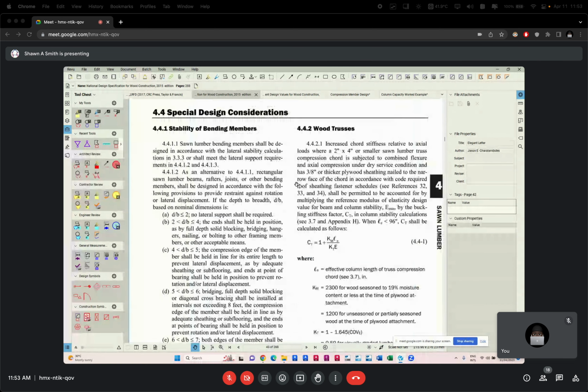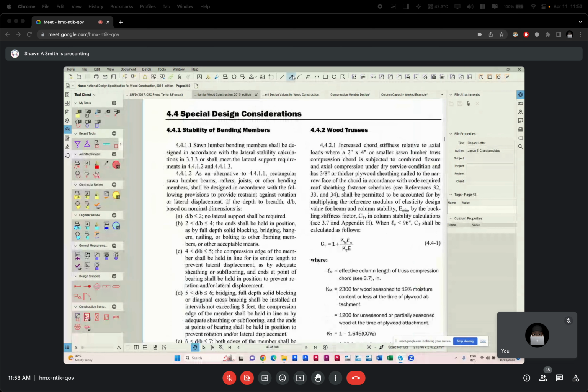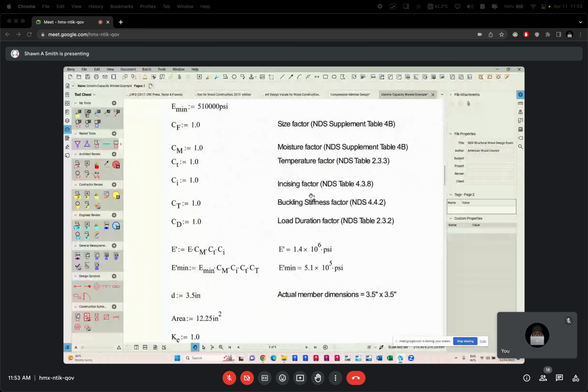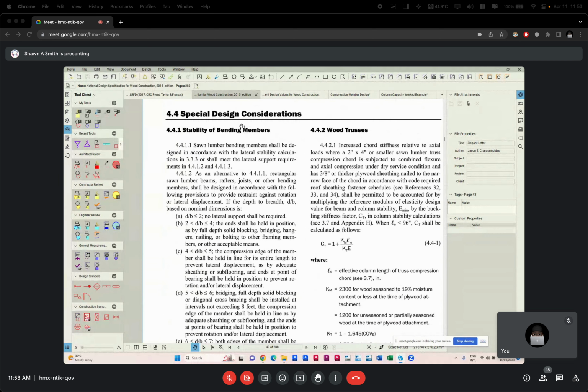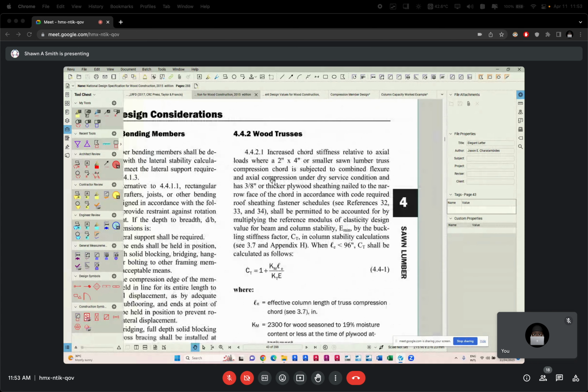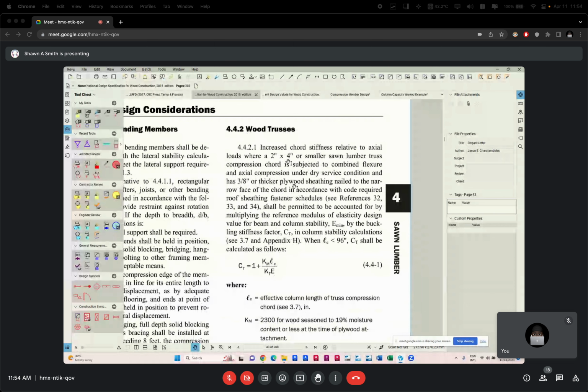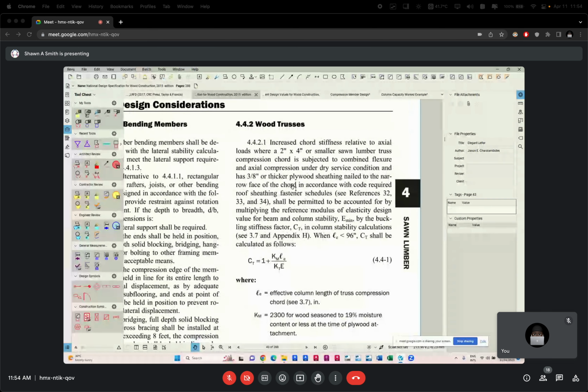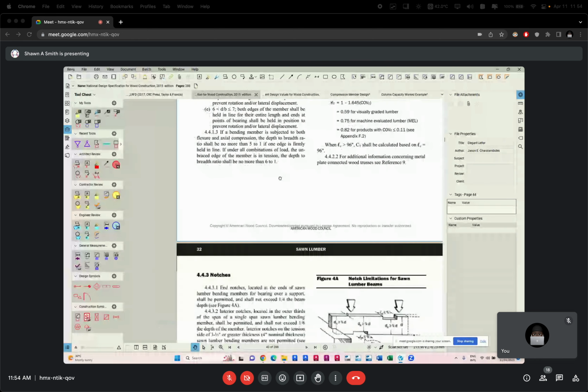Is that a table? It's not a table, sir. Oh, it's a clause? Yeah. 4.4.2. Where is that now? 4.4, this one. You're right there. Okay. Wood trusses. Increased chord stiffness relative to axial loads where a 2x4 or smaller sawn lumber. So that does apply to us. That doesn't apply to us. Where does it apply to us?